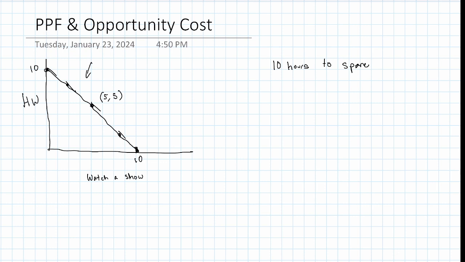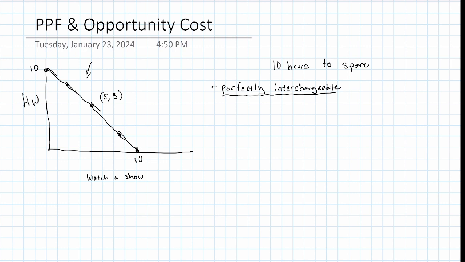So how we know it's a straight line, we're looking for words like perfectly interchangeable. Okay, that is a key indicator that we're dealing with a straight line, a perfectly linear slope.